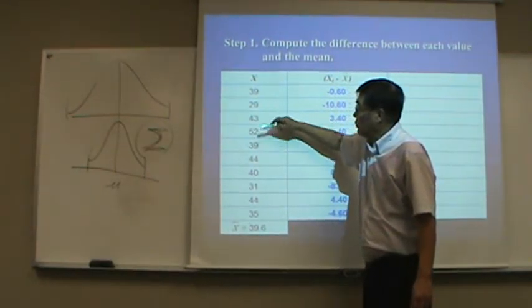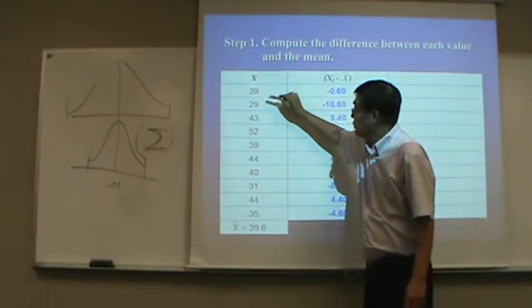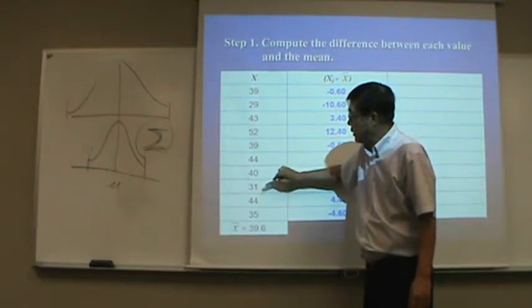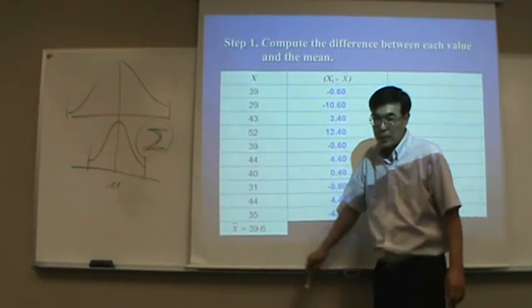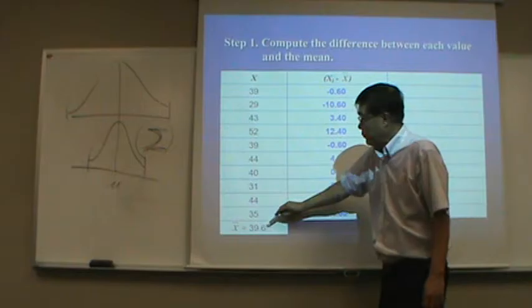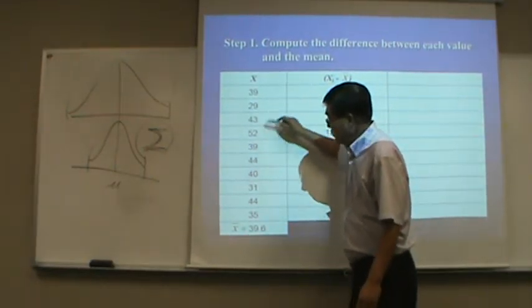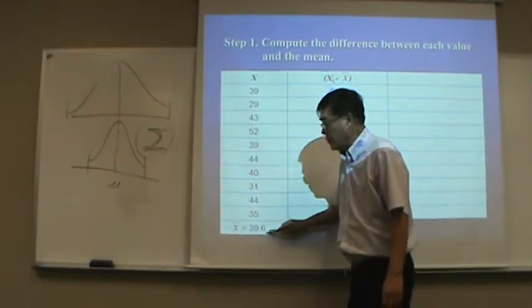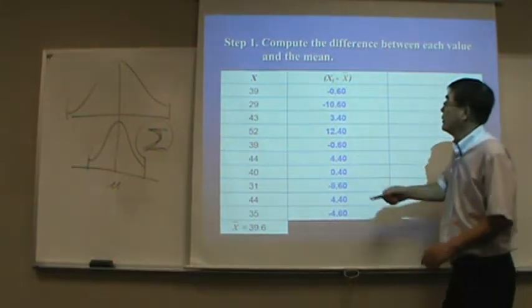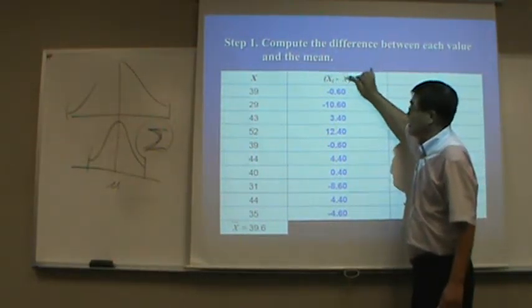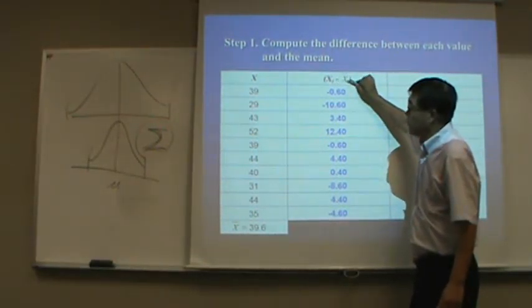Data: 39, 29, 43, and so on. So 1, 2, 3, 4, 5, 6, 7, 8, 9, 10. Sample size is 10. Average is add all of them divided by 10, which is 39.6. Then we need x minus x bar. X bar is the mean.